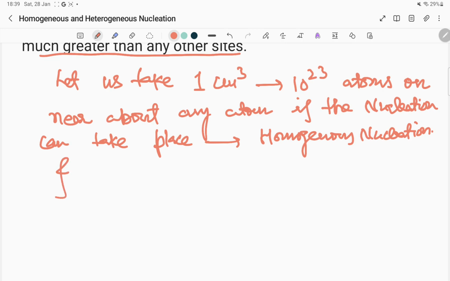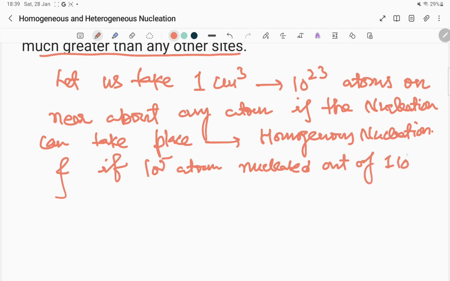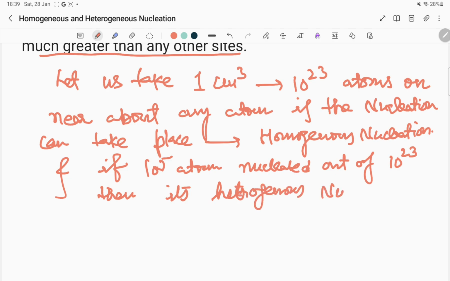And if 10 to the power 5 atoms nucleated out of 10 to the power 23, then it's heterogeneous nucleation.